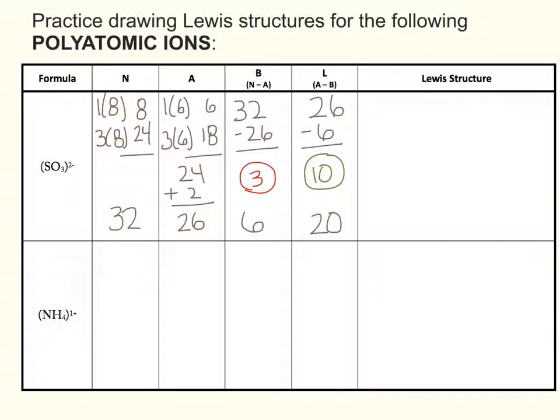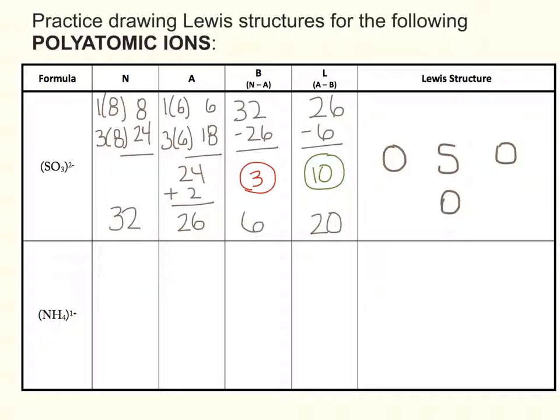When trying to determine the structure, we see that both S and O have 6 valence electrons, meaning they can each make 2 bonds. So we're going to put the one in the center that makes sense. In this case, S makes sense to be in the center so that we can surround it by the 3 oxygens.